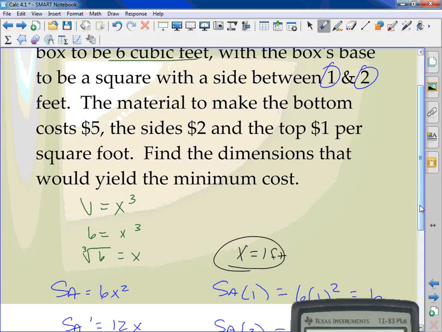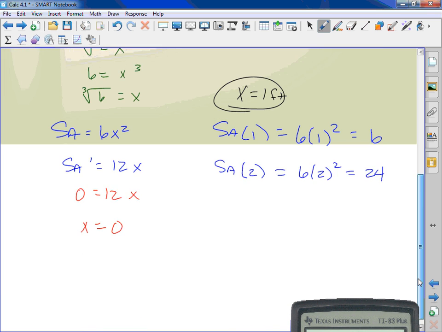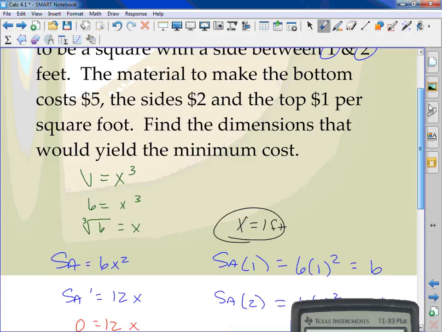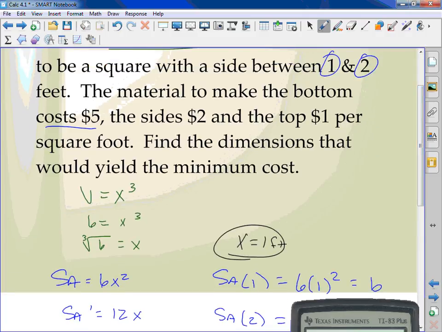Now, if I would ask you, how much does it take to create that box? We know it's 1 for each side, right? So how many square feet do I need to make the bottom? 1, because it's 1 times 1. Actually, we'll just do cost. How many sides does the box have?